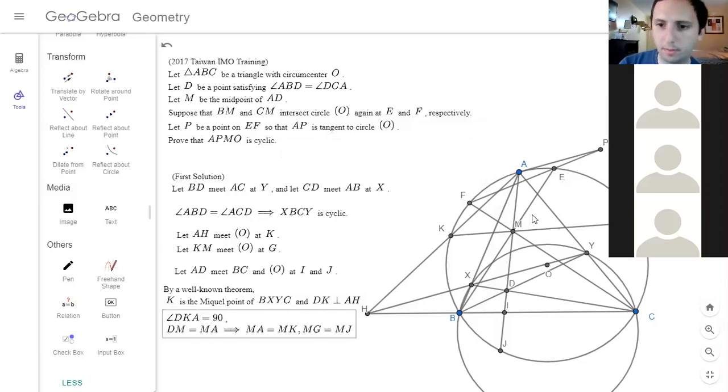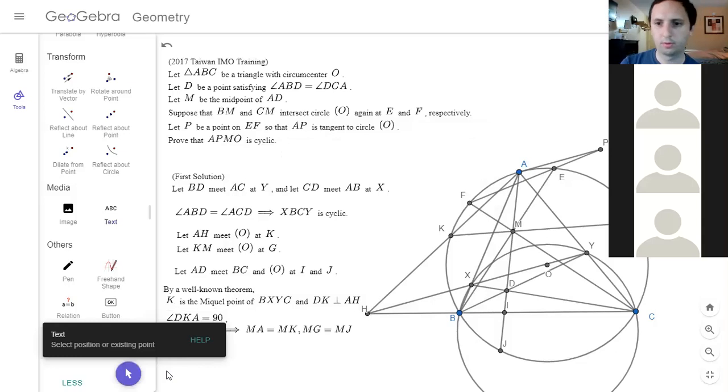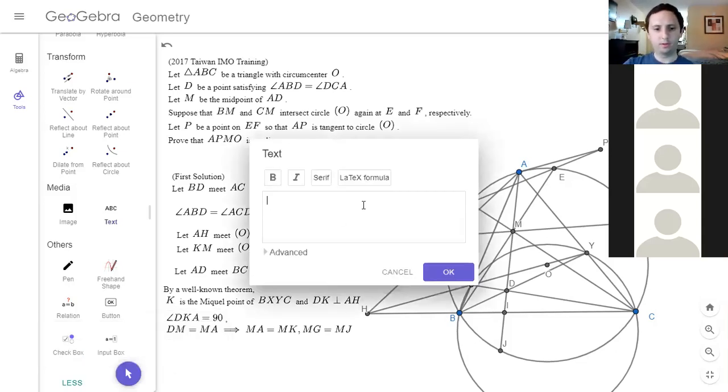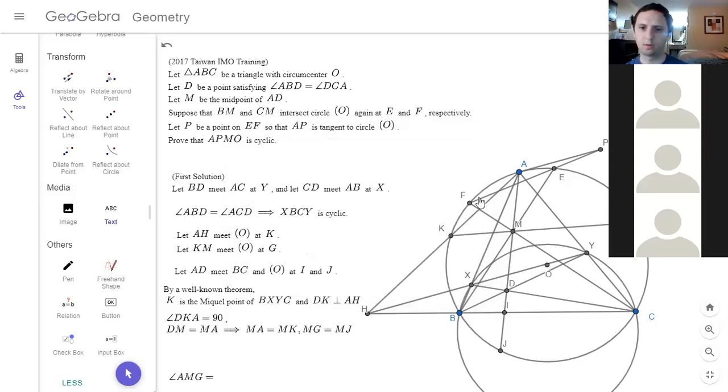So we have angle AMG. I think the quickest way to reach angle AOG from here is to write AMG as KMD and then write it as 2 KAD. Oh, I think I have a pretty fast way.